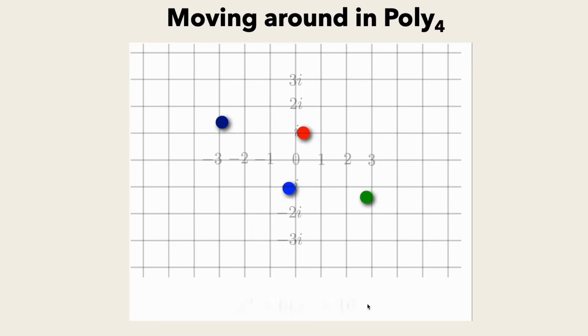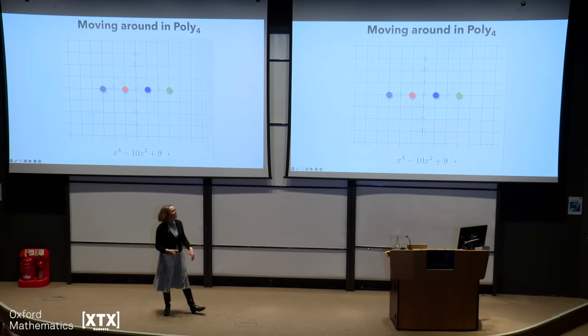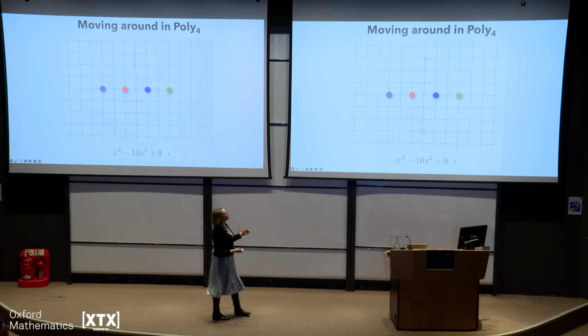So if I'm moving around, all I'm doing is letting these points wander around, and the only thing they're not allowed to do is crash into each other, right? Because that would take me into one of those singularity situations that I don't want to consider. It's not in my space. So moving around in poly 4 is just taking 4 points and letting them wander around without crashing.